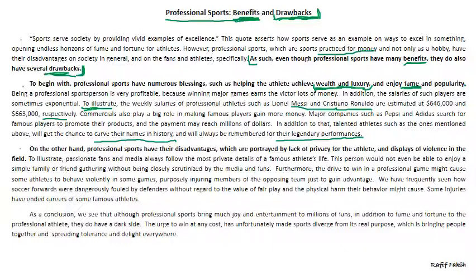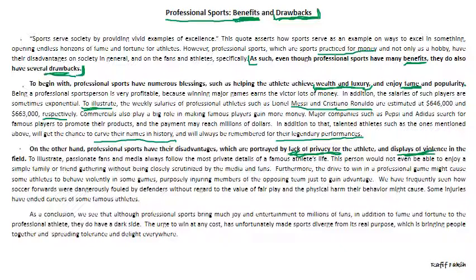On the other hand, professional sports have their disadvantages, which are portrayed by the lack of privacy for the athlete and displays of violence in the field. So there are two disadvantages: no privacy, as a famous player will be followed everywhere, and a lot of violence in the field and outside of the field.